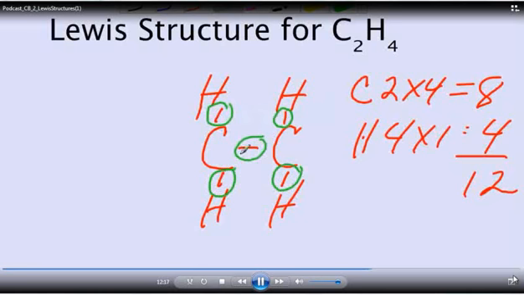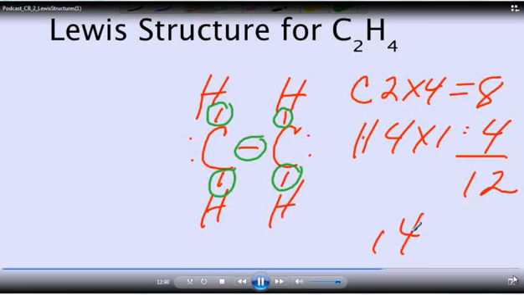So I've got 2, 4, 6 around this carbon, so I need 2 lone pairs so that this carbon has 8 and this carbon has 8. When I do that now, I've used, let me count them, 2, 4, 6, 8, 10, 12, 14. I've used 14 electrons, but I've only got 12 available.